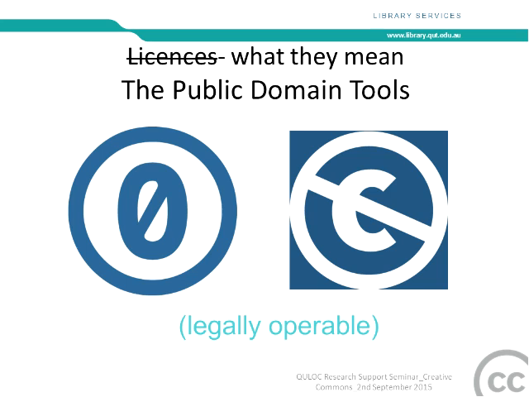The first one, the icon that you see on the left, is the CC0 tool. And CC0 is for a creator to apply to their work to waive all of their copyrights in a work, effectively making the dedication of the work into the public domain, and it's called the public domain dedication tool.